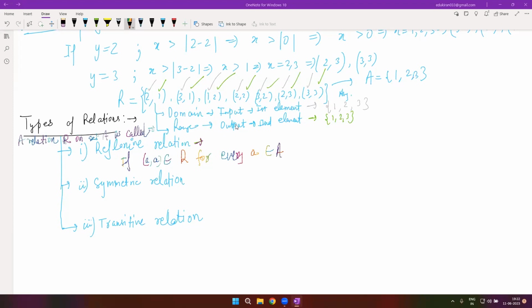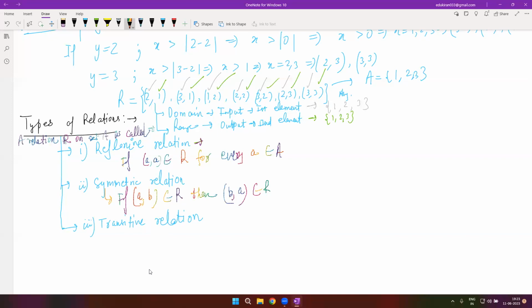But this particular rule will be slightly tweaked for the symmetric and transitive part. Now let's understand the symmetric part also. Let's say I have these two values A comma B, right? If A comma B follows this relation R, then B comma A should also follow R. Then it will be called symmetric.